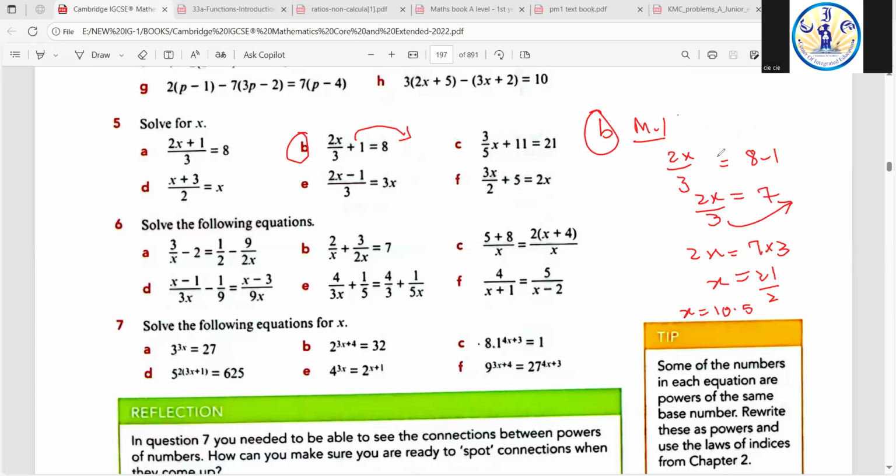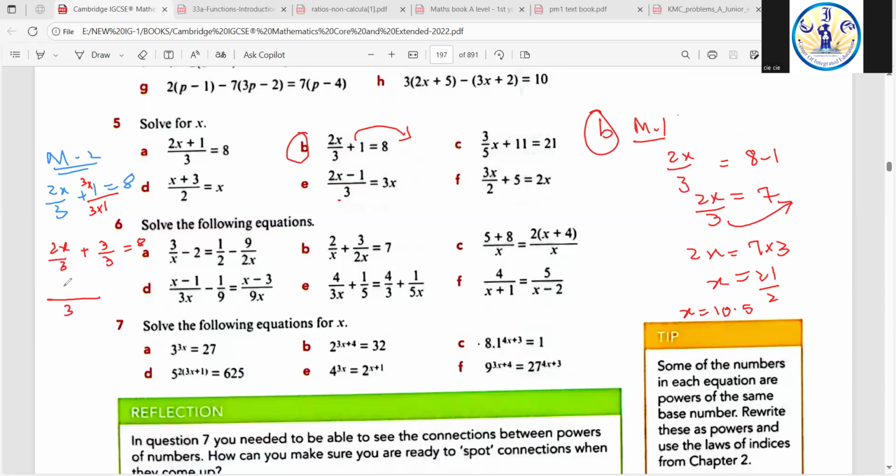And for method number 2, if I adopt the second method, that would be to make the denominator same. 2x by 3 plus 1 equals 8. Now I need to make the denominator same. That means 1 is already there in the denominator. I need to multiply the denominator with the 3 as well as the numerator. Now I've got 2x over 3 plus 3 divided by 3 equals 8. Now both the fractions have got the same denominator.